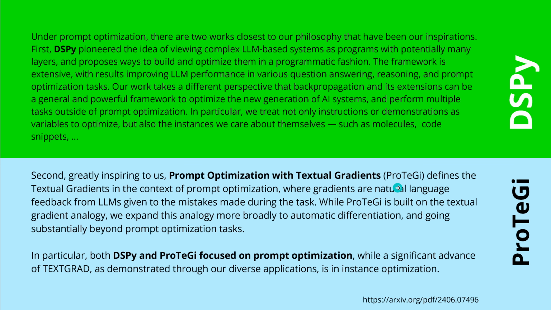I tried to read it without understanding what ProTeGi is, and I failed. So ProTeGi is built on the textual gradient analogy. I tried to implement it, but no, they just use the analogy of it, and they implement it in a much simpler way than you would imagine. But of course, this analogy is what we now call automatic differentiation on text.